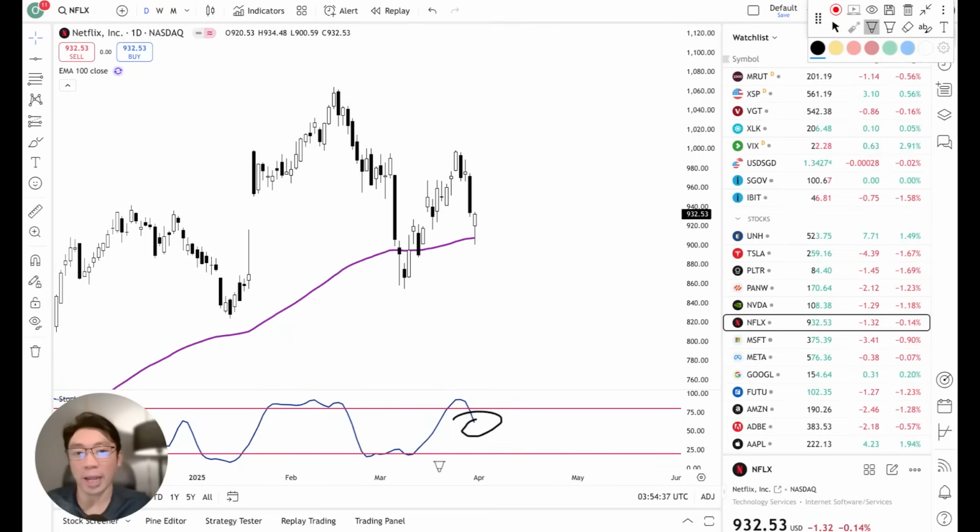When you want to put on the iron condor, this is what we want to look out for: previous support and resistance. This is important because when we are trading the iron condor, we want the price to stay in a given range, and the given range will be basically where our short strikes are. So how do you identify the previous support and resistance? All you've got to do is draw a line at where the previous highs and lows are.